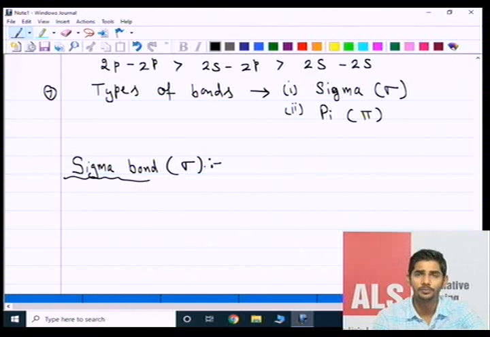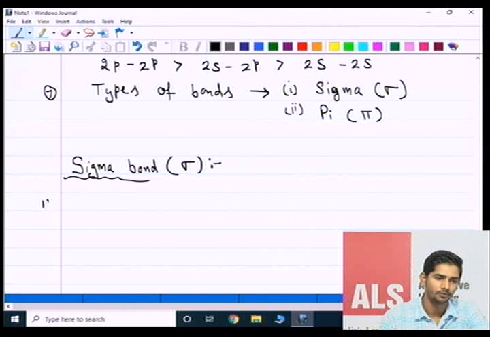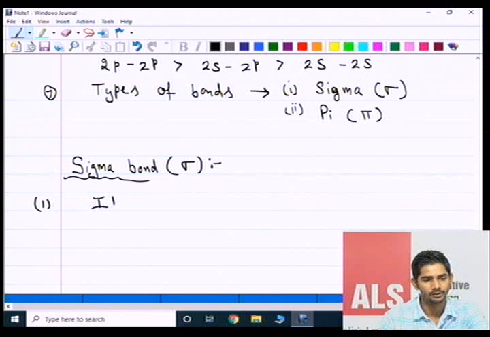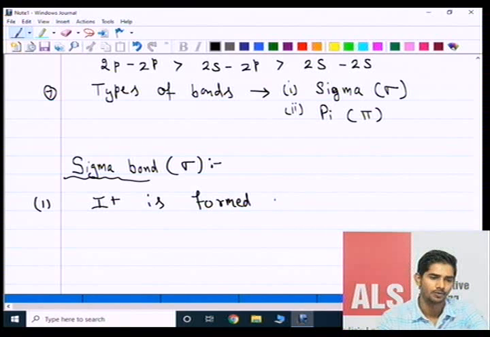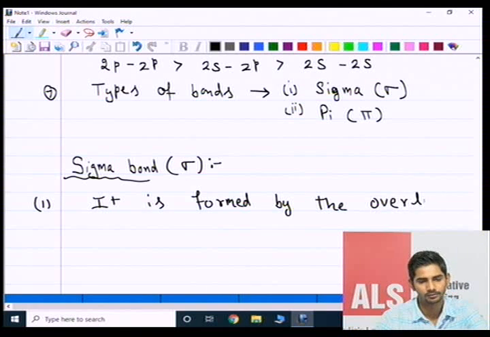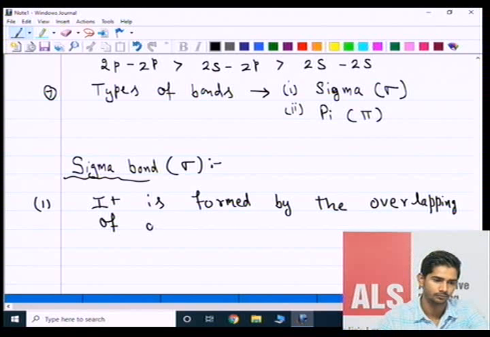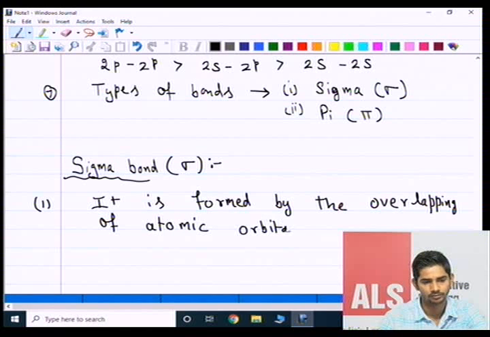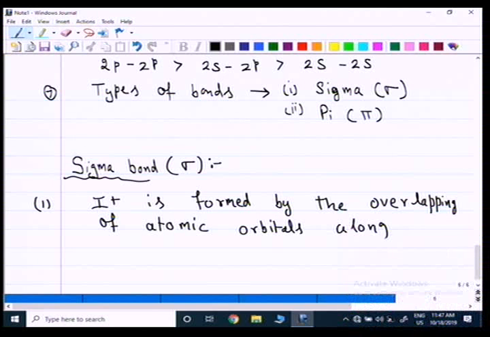First of all, let's write some important points regarding the sigma bonds. First is, it is formed by the overlapping of atomic orbitals along the internuclear axis.